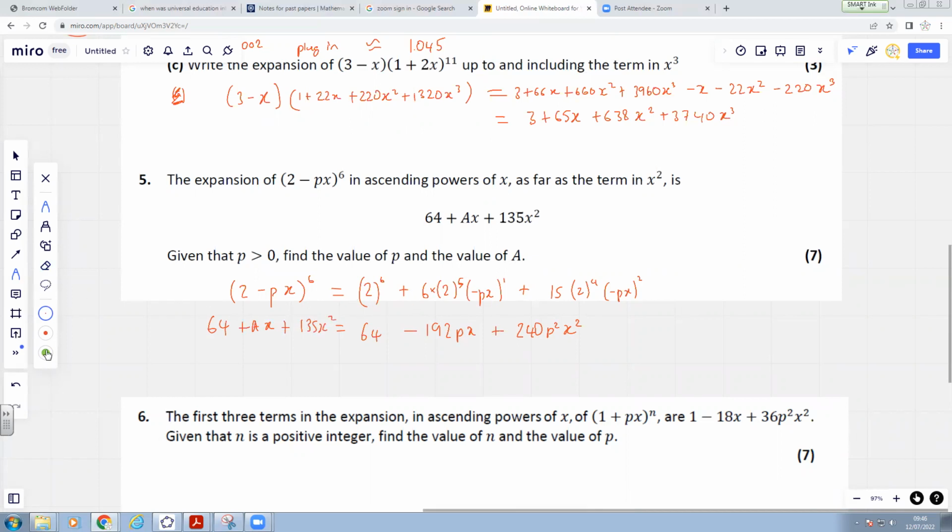And so what I can do is link this value with this value. So I can see that 135 is going to be equal to 240 p squared. And so that gives me p squared is 135 over 240, square root it, you get p is 3/4.